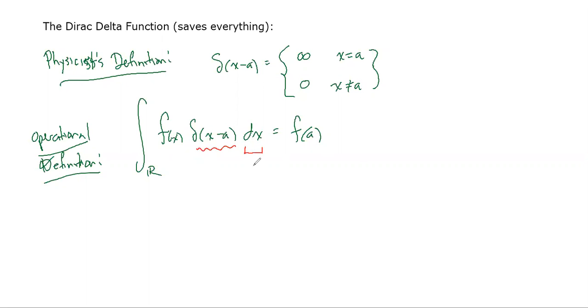But it's infinity in such a way that the dx, which is 0, you know, like a is just a single point. It has infinitely small measure. It's infinity in such a way that it manages to just pick out f of a. Okay, so this is the formal definition of how you might actually accomplish such a thing.